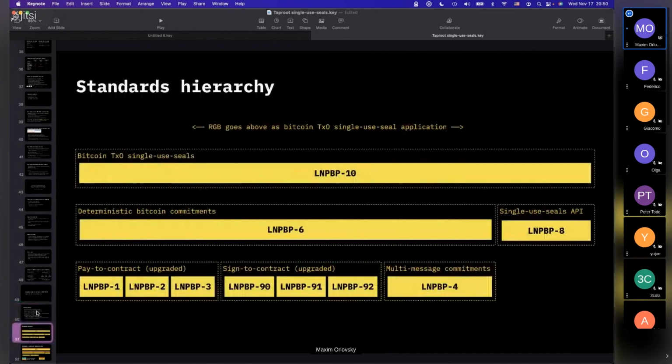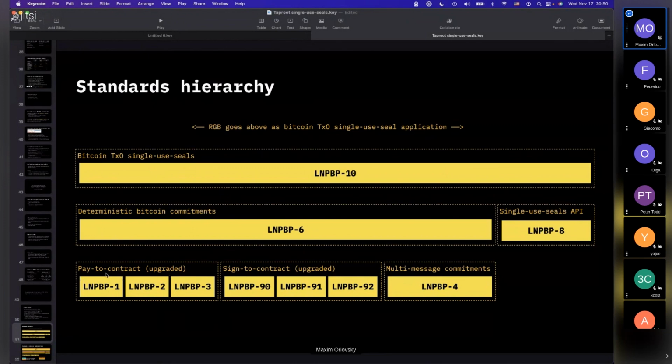To finalize the call, for those who will be looking into the standards, not to be missed out: these standards are organized in layers. There are standards related to pay-to-contract commitments, which are upgraded for the case of use of scripts in the scriptPubKey outputs or multiple public keys and so on and so forth.